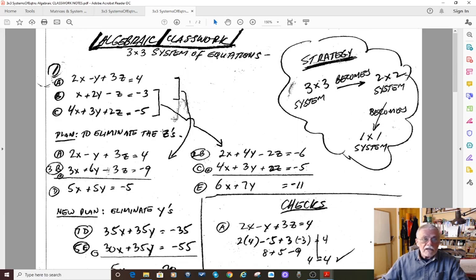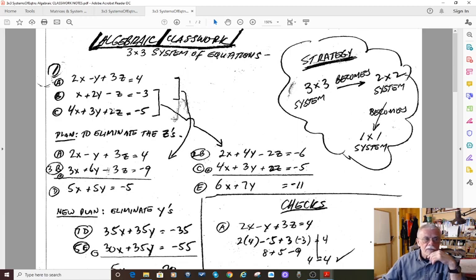So what I'm doing is I'm going to look at the first and third equation. I call them A, B, and C. So I'm looking at A and C, and I notice I get a 3z here and a 2z there. So what did I do here? Okay, I seem to have done this.